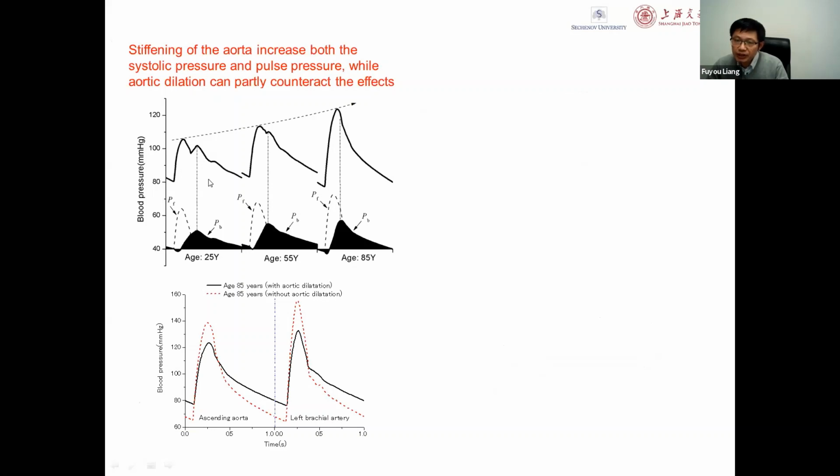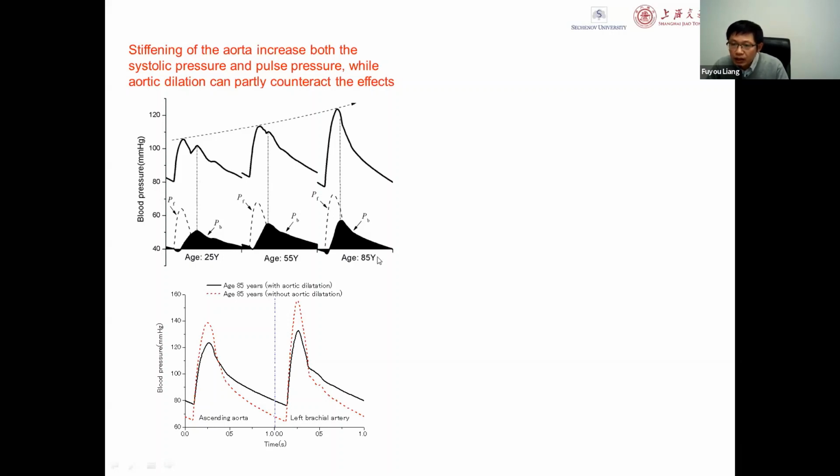Here we separate the pressure waves simulated for a young subject and an old subject into 2 parts. The first part is the forward traveling part, and the second part is the backward traveling part. The backward traveling component is also called the reflected wave. You can see from this figure that this dark one represents the reflected wave.